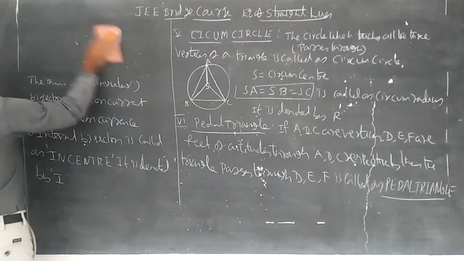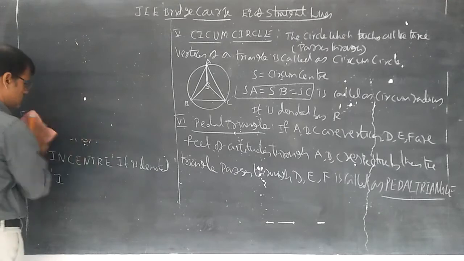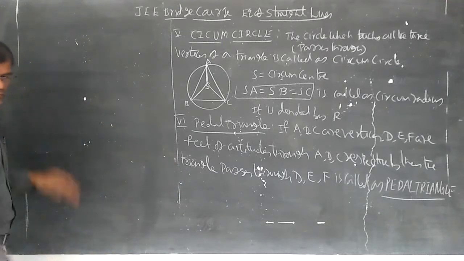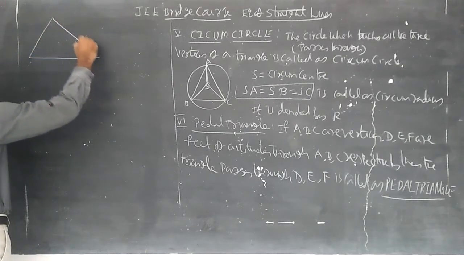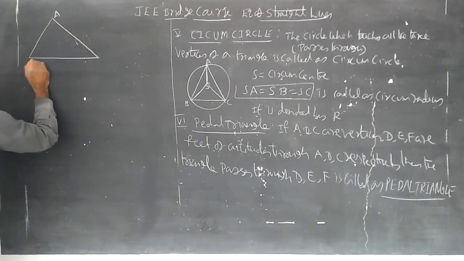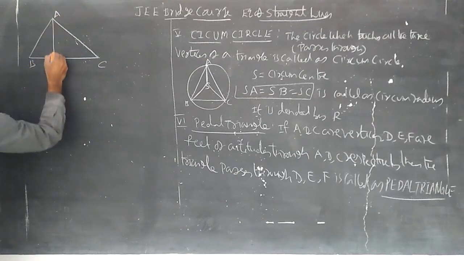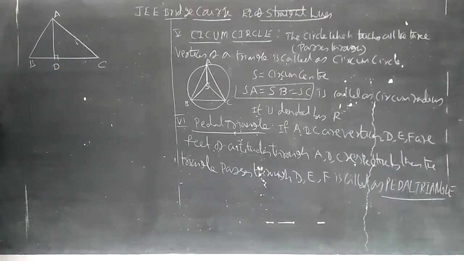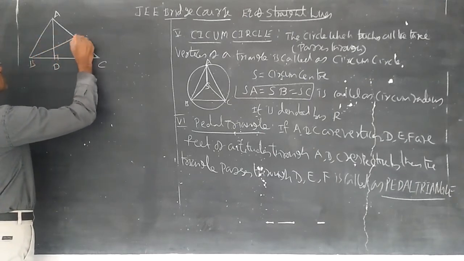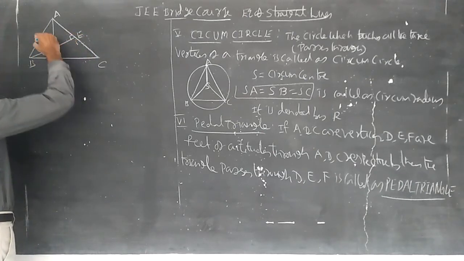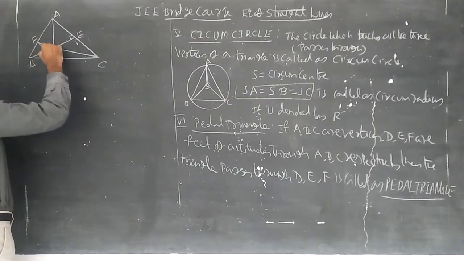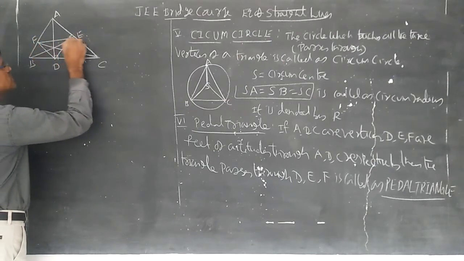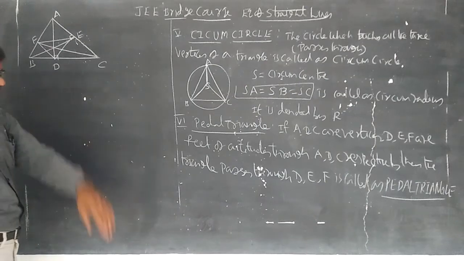Let us draw the diagram. First of all, let us draw the triangle ABC. Students, draw the feet of altitudes. The altitude drawn from vertex A, it is D. The altitude drawn from vertex B is E, and the altitude drawn from vertex C is F. Now the triangle joining the feet of altitudes DEF is called the pedal triangle.